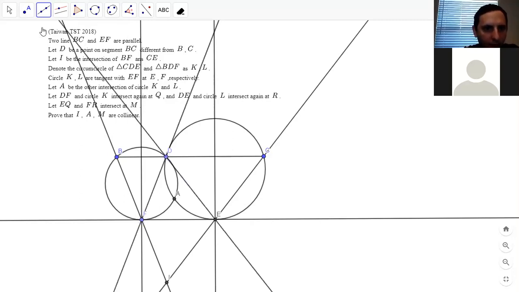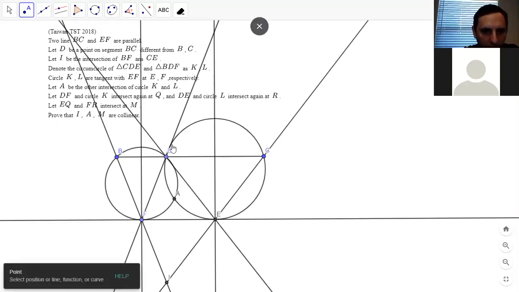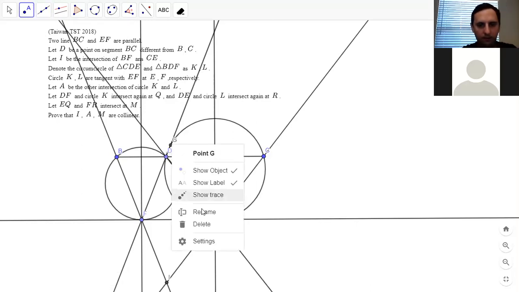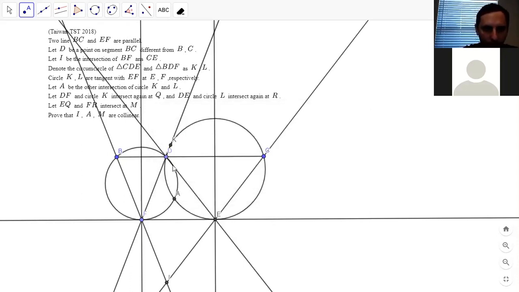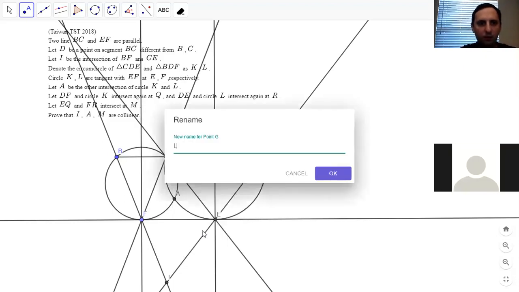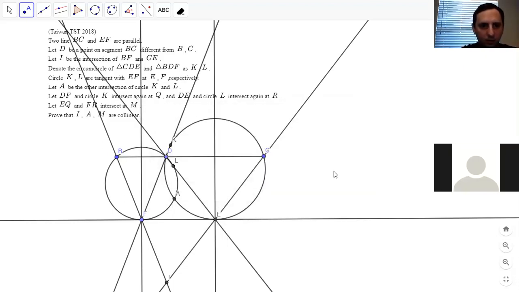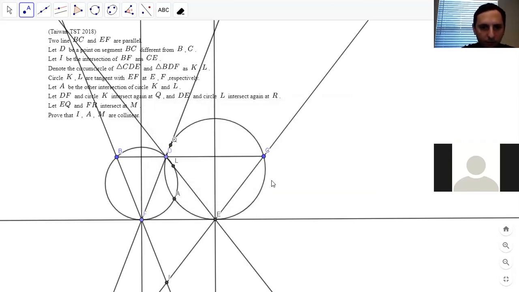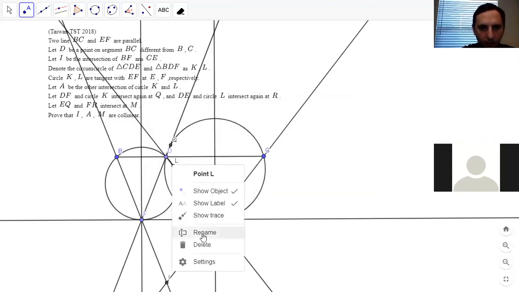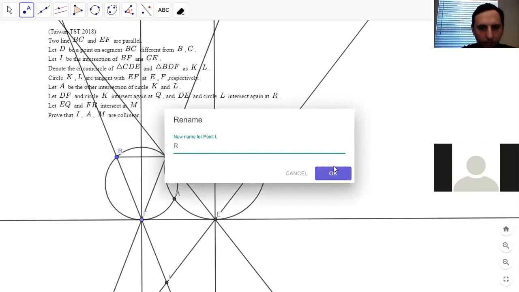They're K and L. So this point right here is K, and this point is L. Wait, no. This is Q and this is R. I wonder if QDR is isosceles, but we'll find out in just a second.